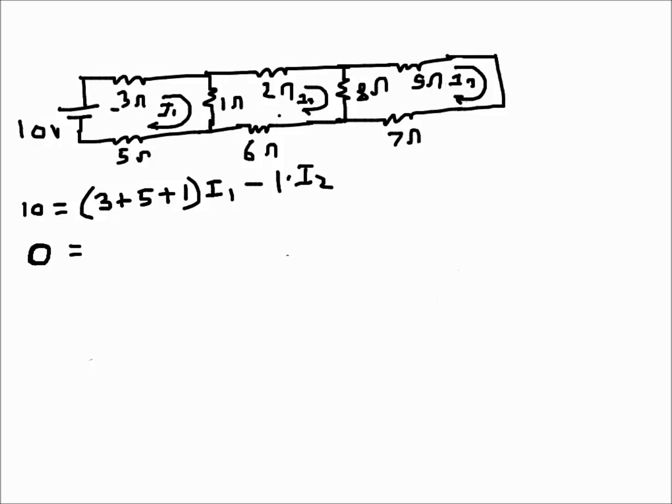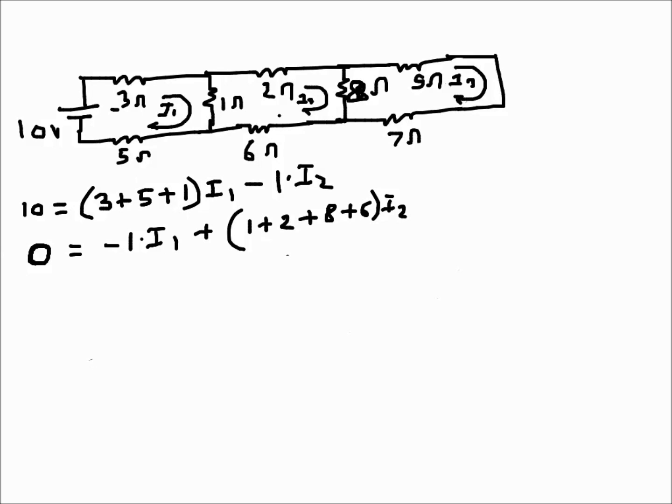That's the EMF. Then I1 will come as a negative, and the resistance is 1, so minus 1 I1. Then I2 will come with the sum of all the resistances, so 1 plus 2 plus 8 plus 6 I2.